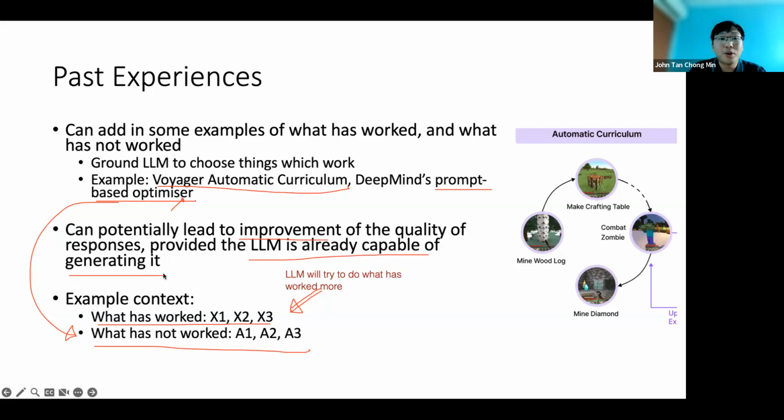It's almost impossible for the large language model to suddenly be able to do a skill that it has no experience of doing just from what has worked and what has not worked. So there's a limit to what you can do with this. But if it can do something and it just needs to activate that inner skill, then you can do this. You can condition it on what has worked and what has not worked to try to generate stuff.